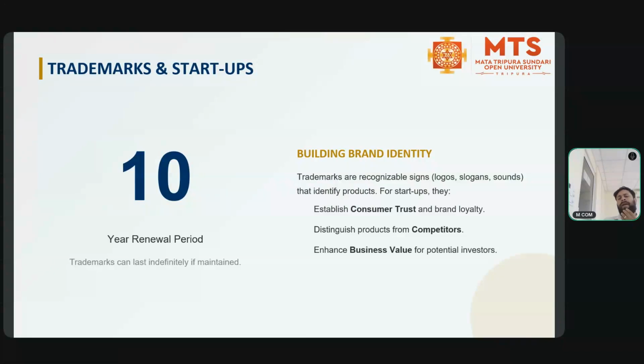Building brand identity. Trademarks give you recognition, like you are seeing the MTSU logo right over there. It is a religious symbol, however, the MTSU, that is the Madhya Pradesh logo, becomes recognizable to others.